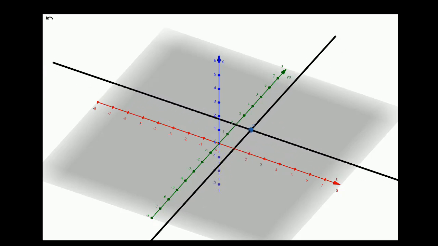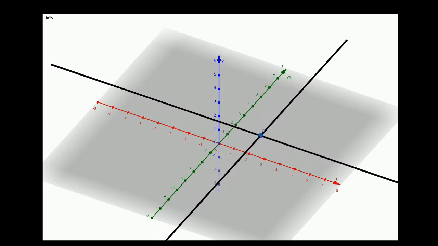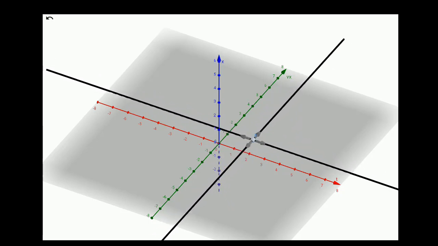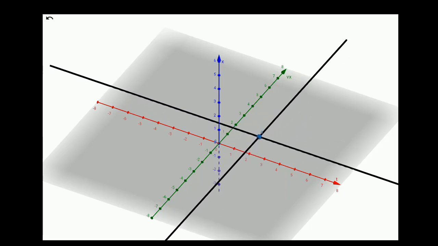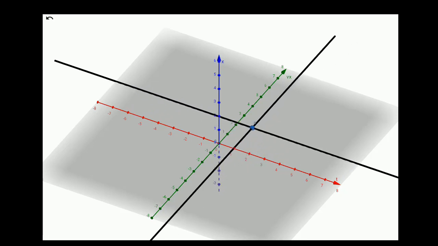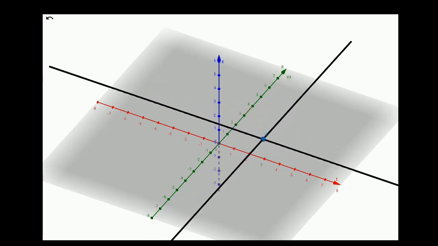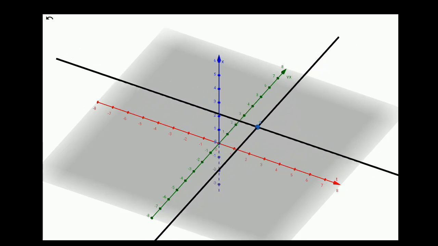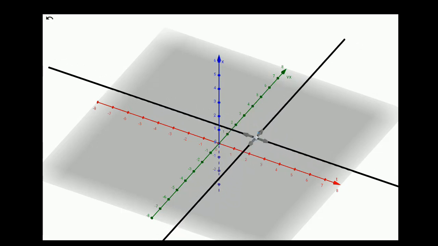So any point in this kind of grey plane is going to correspond to a specification of a time and a velocity. And what we want to represent is that the displacement is equal to the product of these two things. And so we're going to draw a surface whose height above a given point in this plane is equal to the product of the two coordinates of that point.